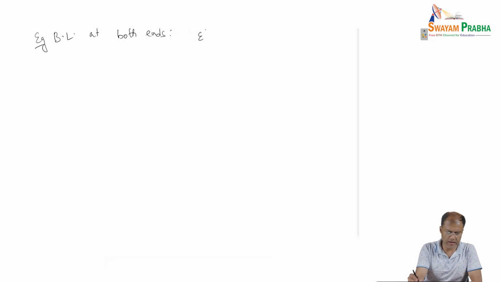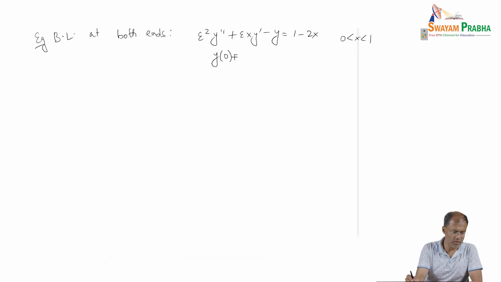and we see that this is epsilon square y double prime plus epsilon x y prime minus y is equal to 1 minus 2x, and we have that x is from 0 to 1 with y of 0 is 2 and y of 1 is minus 1, right?